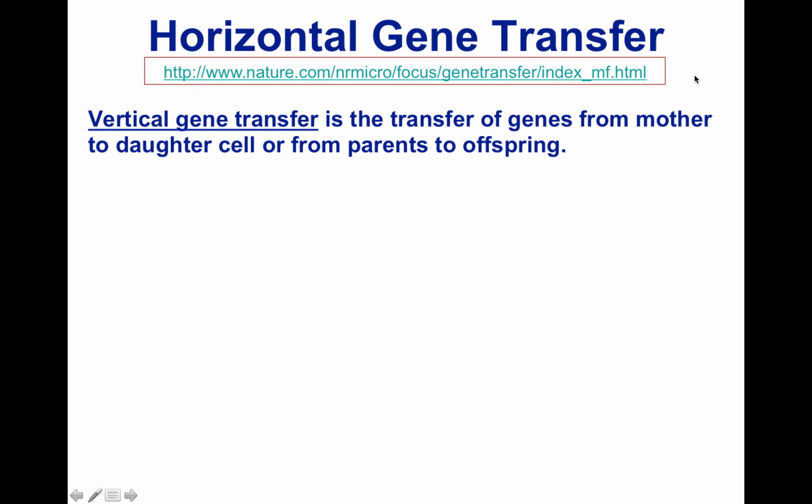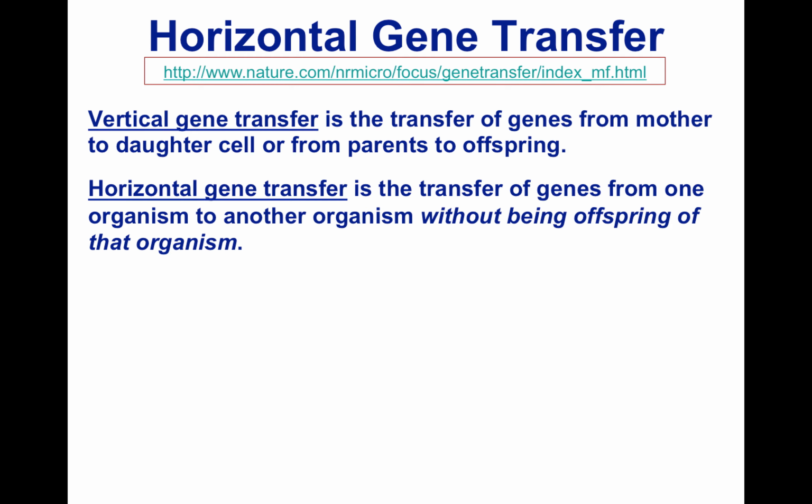Horizontal gene transfer is a very common occurrence. Here's a very interesting article all about it in Nature. Vertical gene transfer is the transfer of genes from mother to daughter cell or from parents to offspring. Horizontal gene transfer is the transfer of genes from one organism to another organism without being offspring of that organism.